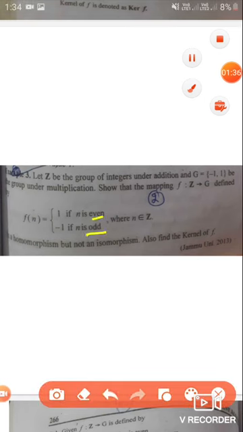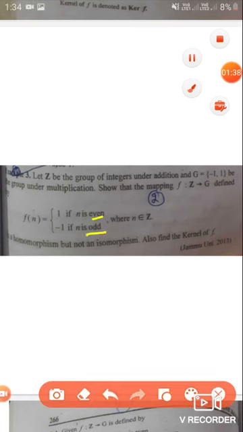Now what this function is doing is that, as you know, integers consist of 0, the negative numbers, and the positive numbers, right? Also the elements included in integers are the even numbers and odd numbers, right?